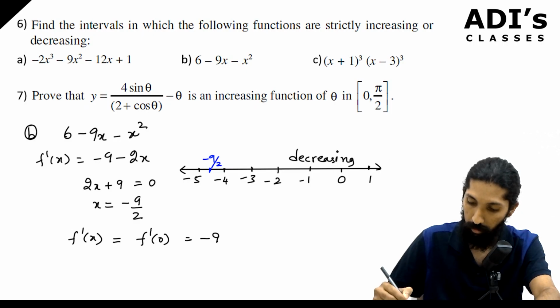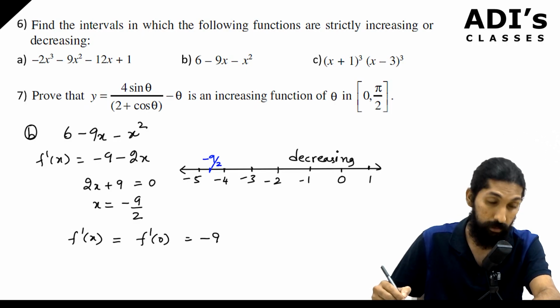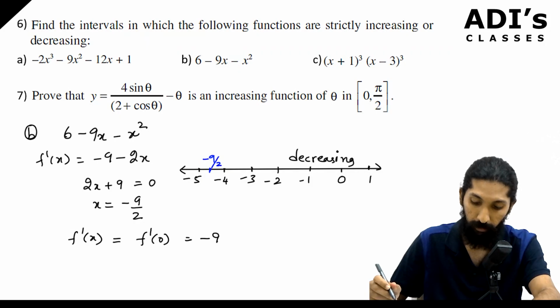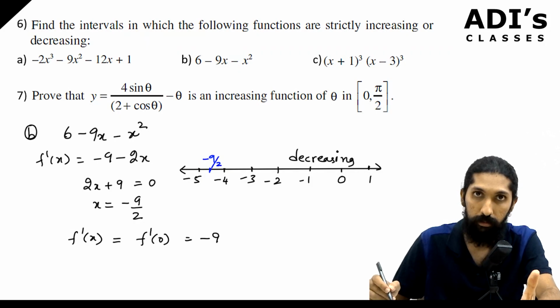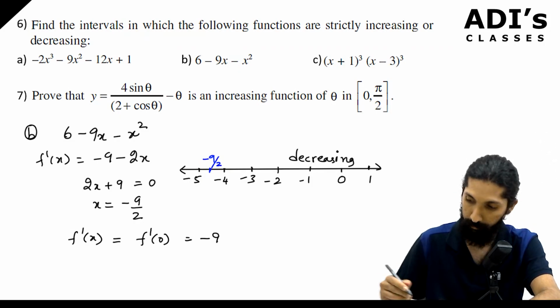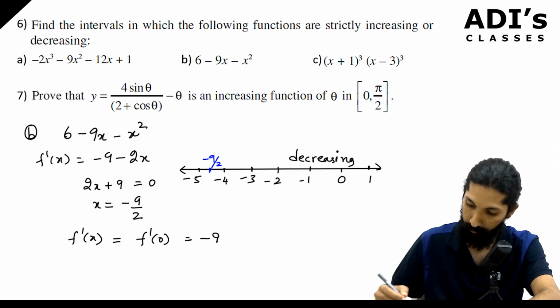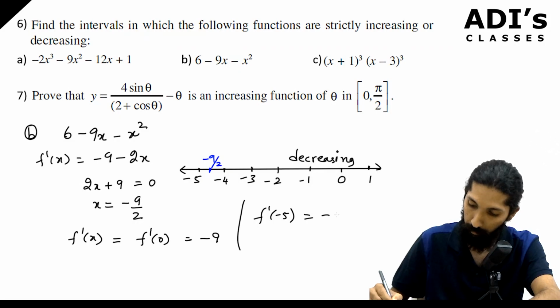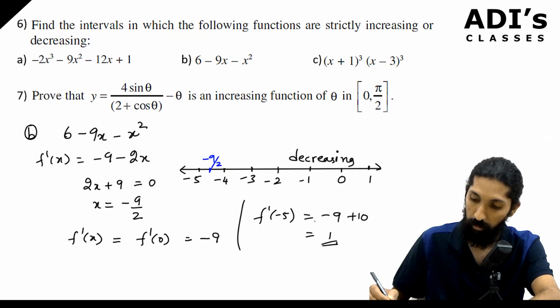Then anything less than minus 9 by 2, say you have minus 5 or minus 6 or something like this. Say minus 5, a simple number. When you have minus 5 here, f dash of minus 5 becomes minus 9 plus 10, which is 1, which is going to be increasing.